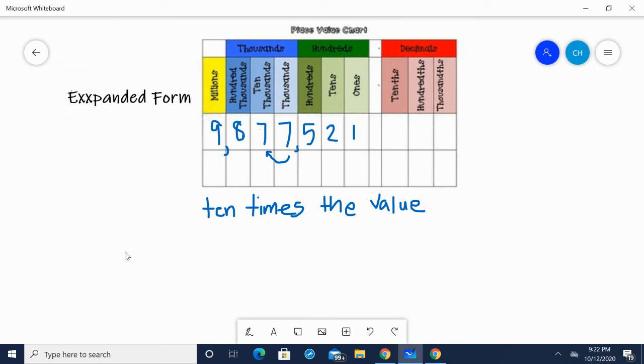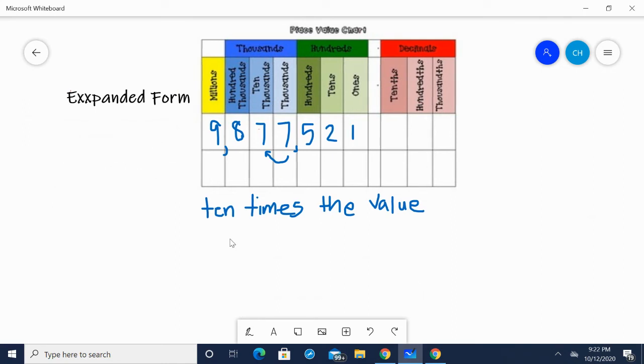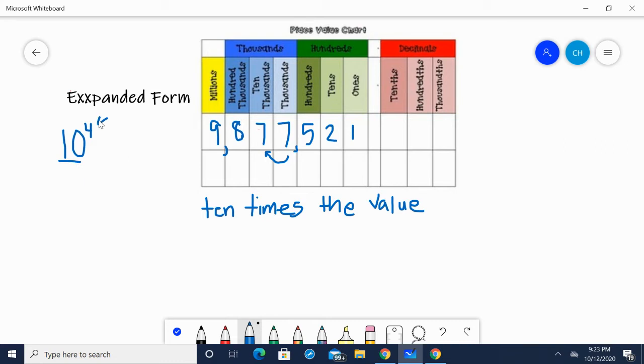Now we know when we do our powers of 10, the 10 is my base, and the 4 is my exponent. This exponent is going to tell me how many zeros I'm going to need after my number.